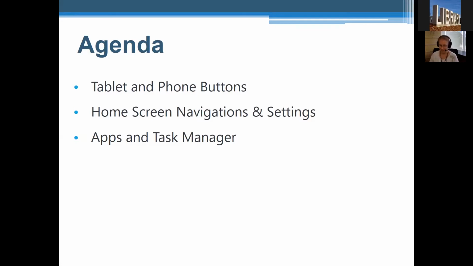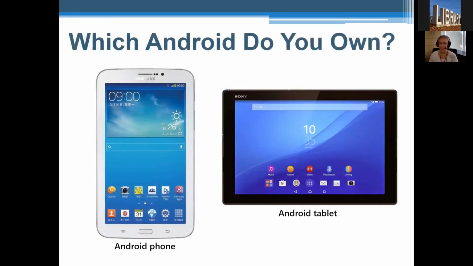So the first thing I want to talk about is which Android do you own? You might have a phone or a tablet, but the brand won't matter so much because the Android operating system, which we call the OS as the abbreviated term, is kind of like the backbone that everything's built on.